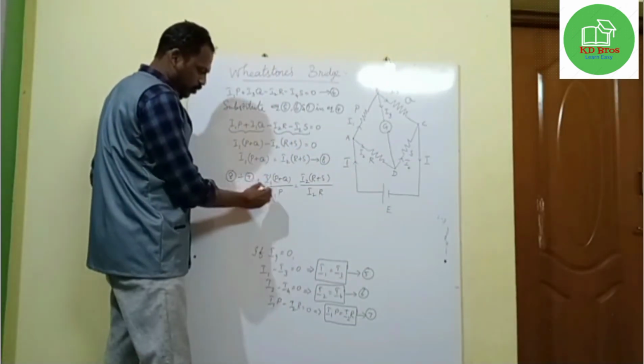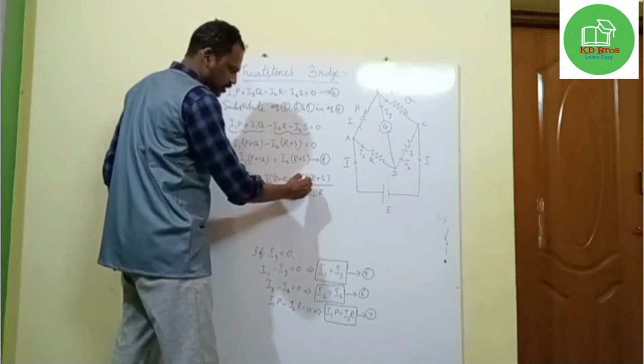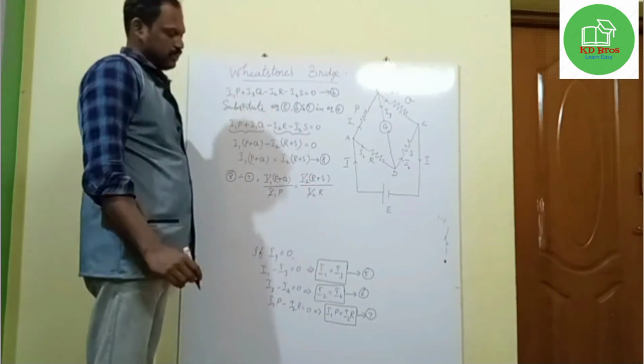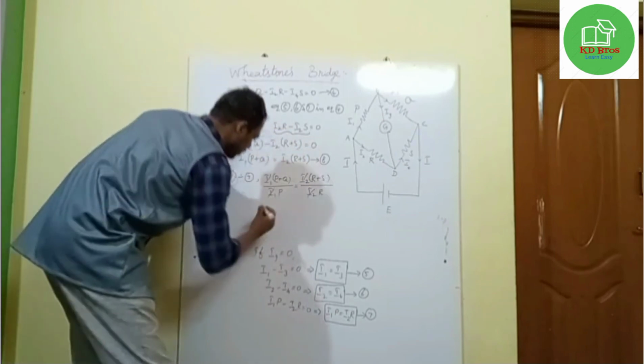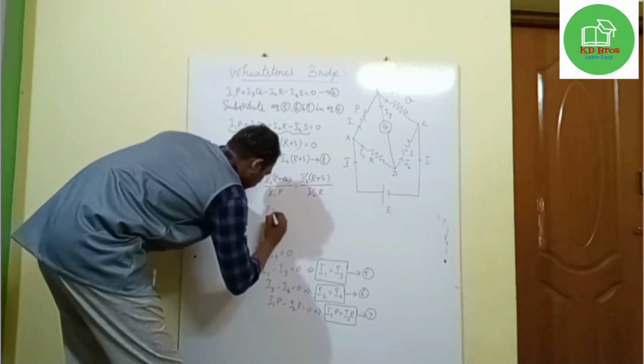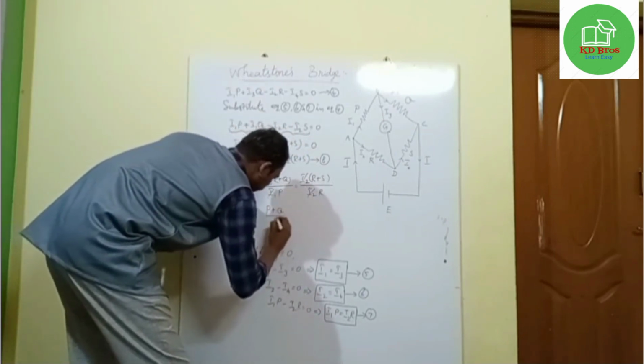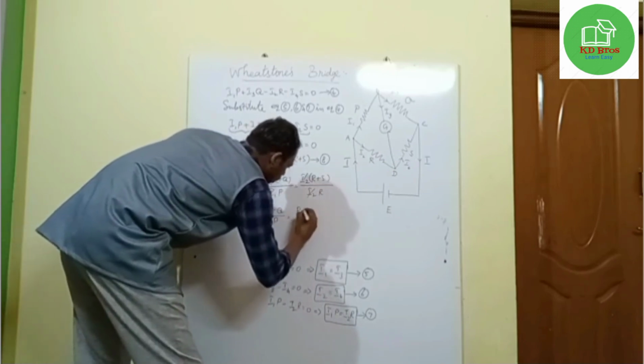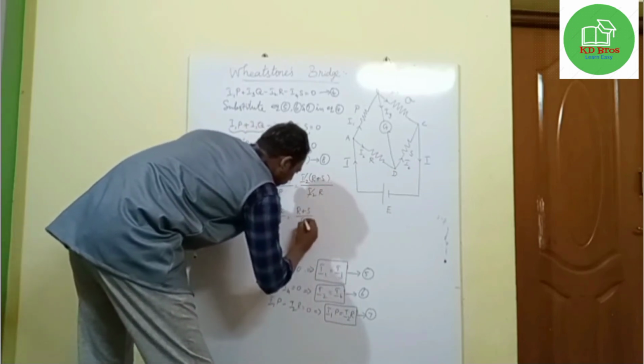Now here I1 gets cancelled, and I2 gets cancelled. What will be the next step? It's very simple. P plus Q divided by P is equal to R plus S divided by R.